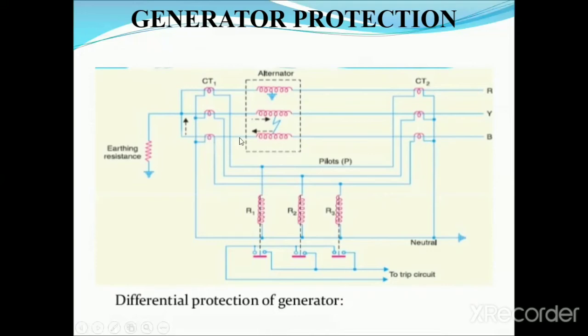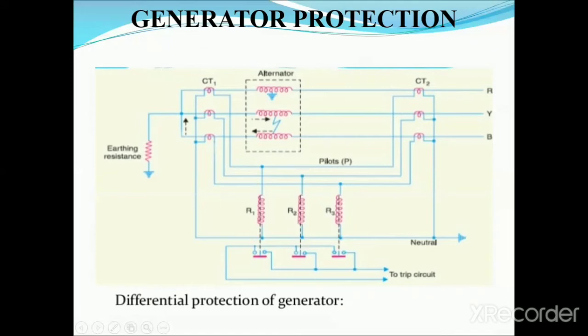When the differential current flows through the relay coil, the relay coil is energized, and therefore the tripping circuit is closed.